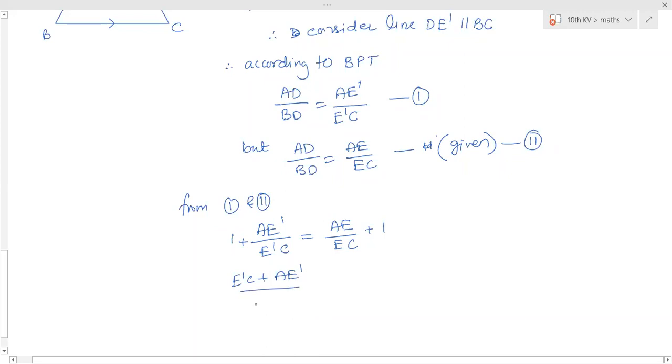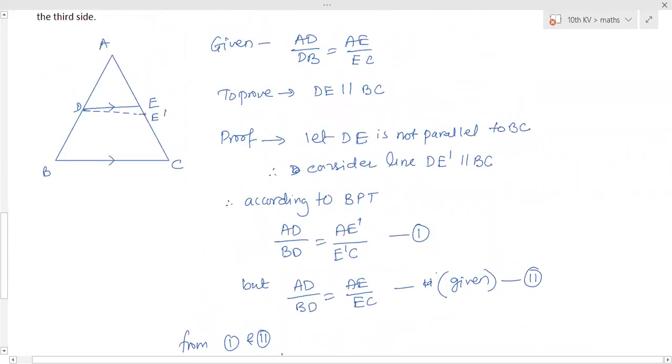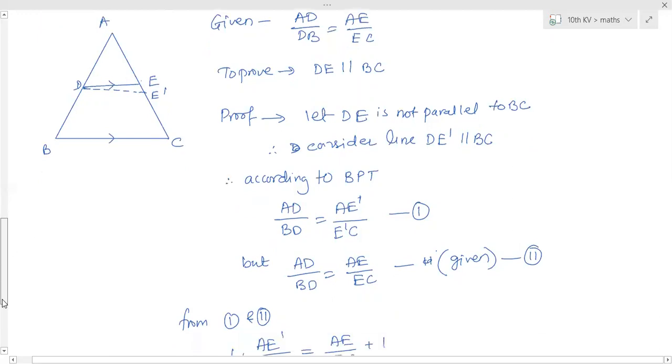AE dash by E dash C plus 1 is equal to AE by EC plus 1. AE dash plus E dash C gives AC, and AE plus EC is also AC. Both are AC.